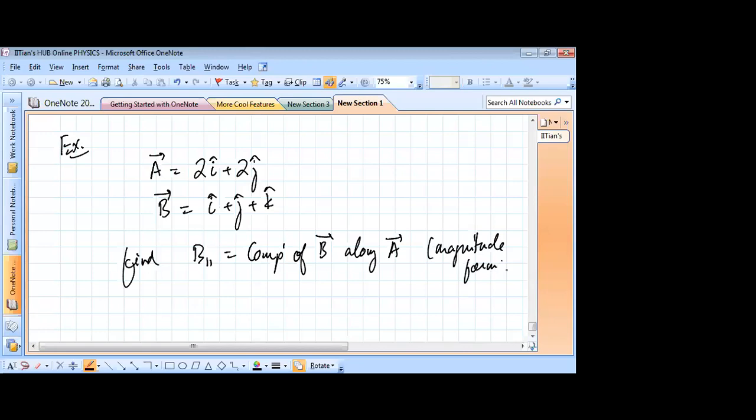Just in magnitude form like we have learned. We haven't learned component form or vector form yet. Also find the component of B perpendicular to A, again only in magnitude form. Same steps, but this time you can see these are 3-dimensional vectors. So we will not be able to do the problem by the second method. We won't be able to use geometry because there's no way we can draw the diagram and understand what exactly is happening. We have to rely on the dot product method.